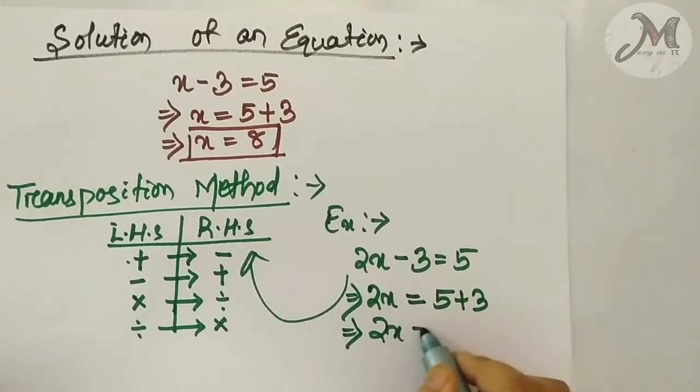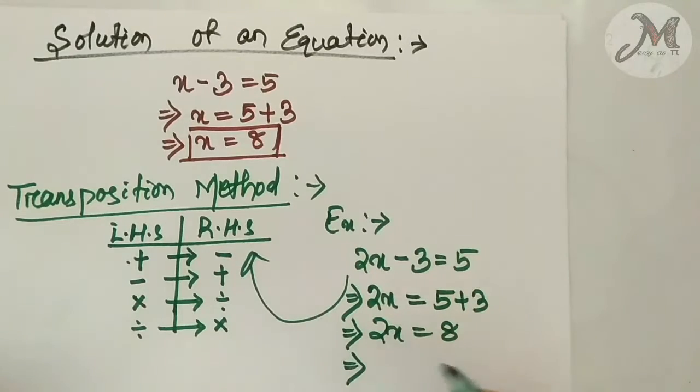Okay. Now 2x can be written as 5 plus 3, that is equal to 8. We have to find the value of the variable, that means x. So now we will solve as follows. 2 is multiplied with x here, and when transposed it will become 8 by 2. Now it can be cancelled out.